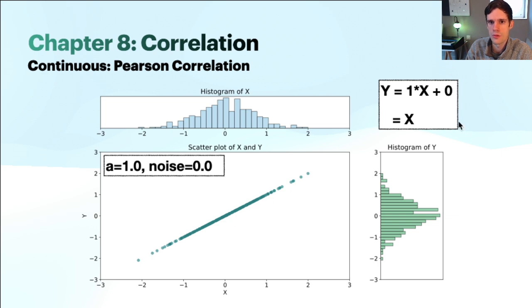Because if we look at our formula here, we generated Y, which is equal to A, which in this case is 1, multiplied by X plus 0, because our noise is 0. Now 1 multiplied by X plus 0 is simply X. So in this case, Y is equal to X, or X is equal to Y. And we can see this because these histograms are identical.